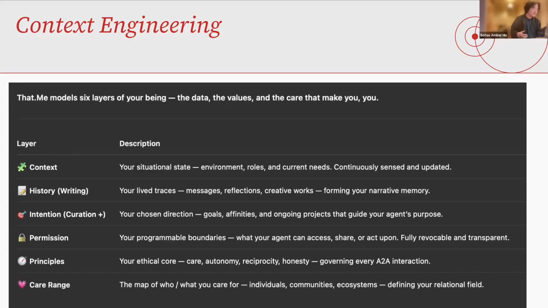Once you configure the context of this agent, you can register it on ERC-8004, and those agents can start to discover each other. Then they can chat, start to care for each other, and find potential opportunities to collaborate, or to scale your care, or where your skill set can really help other people.